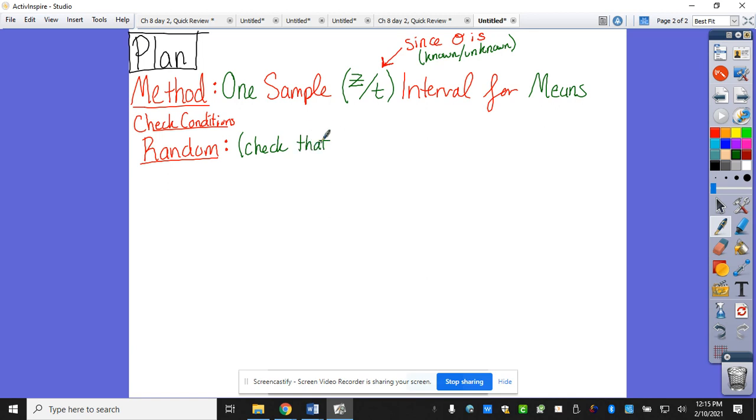Think about an experiment. What can I do randomly? I can do random assignment, or I can do it with how I pick the people, and I can do random sampling or selection, which is the same thing. So you have to specify random assignment versus random selection. Put specify which.